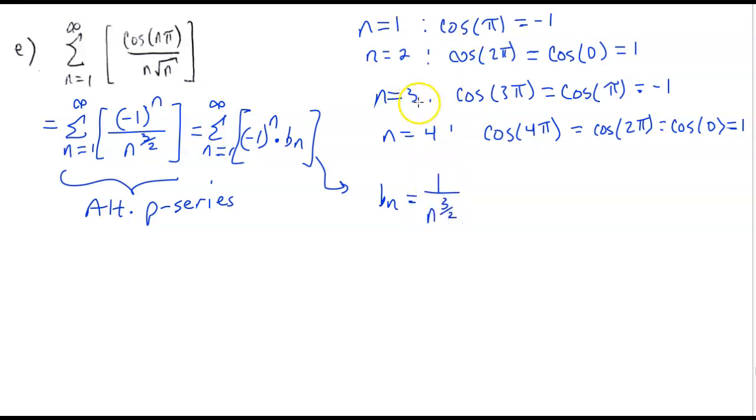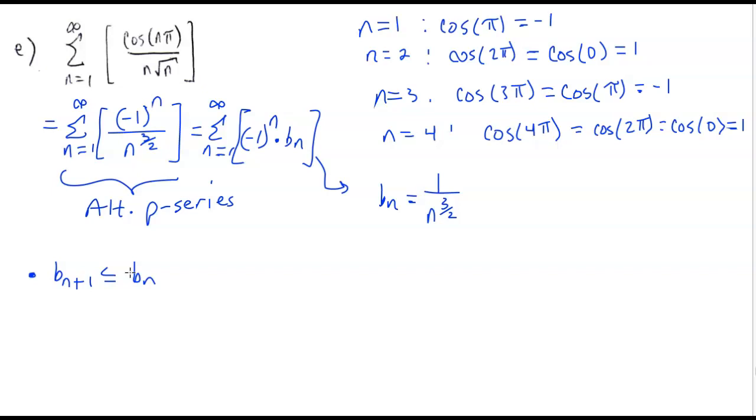Once we have that, the first thing we need to check for the alternating series test is whether b sub n plus 1 is less than or equal to b sub n for at least some value of n that's 1 or higher on to infinity.